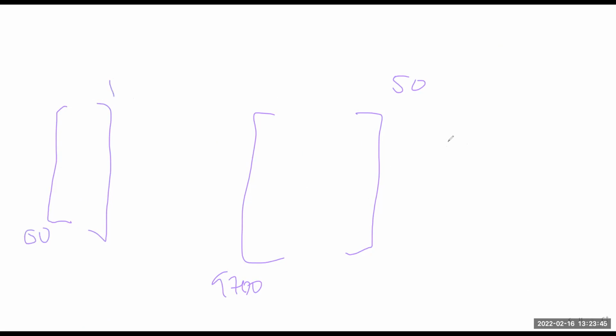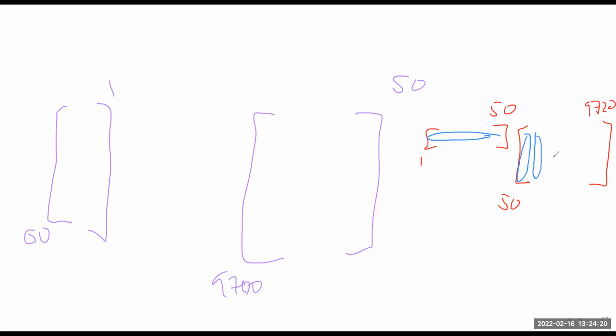So what it wanted was, so that it can do the computation, it wanted this to be 1 by 50, and then this one, oops, 50 by 9,720. So that it could take something of size 50 and multiply it by something of size 50. Then the next one, something of size 50 multiplied by something of size 50 all the way to the end. Do you guys see that?